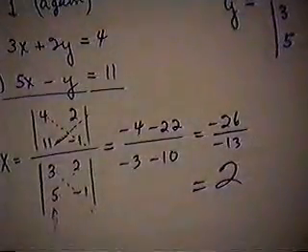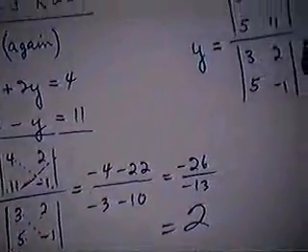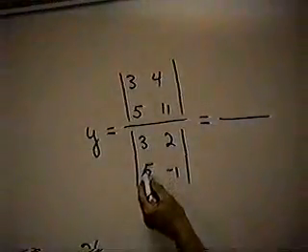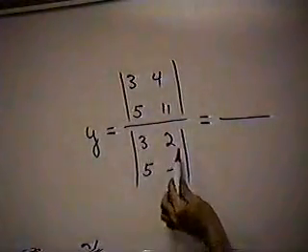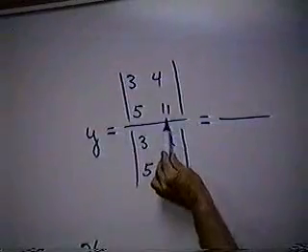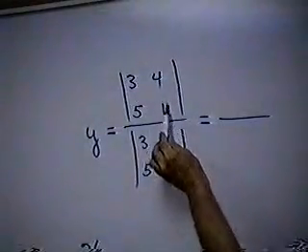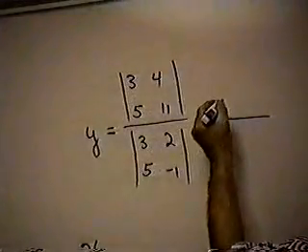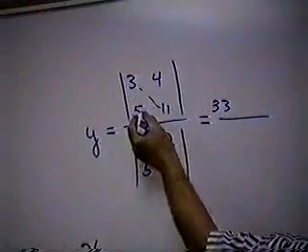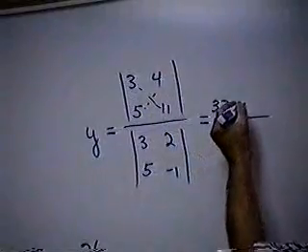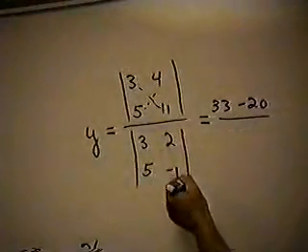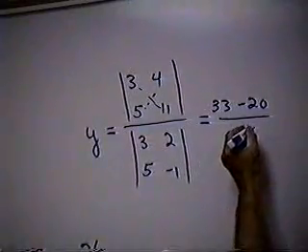All right, let's do y. Doing the y, what do we have here? We write the denominator down, coefficient x's, coefficient y's. We replace the y column with the constants, 4 and 11. So multiplying down, we get 33. Multiplying up, we get a positive 20. We change the sign to a negative 20. And now why do we do this again? We don't have to. We already solved this.